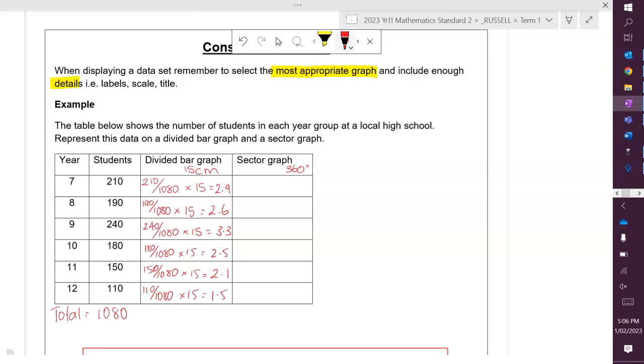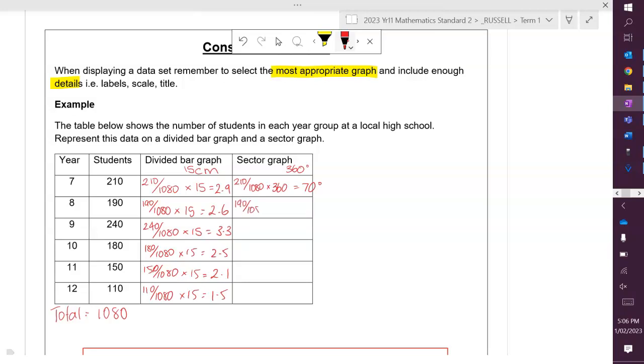We're going to do the exact calculations for a sector graph, except instead of timesing by 15, we're going to multiply by 360. So 210 over 1080 times 360, that's going to give us 70 degrees. So remember, these are angles.